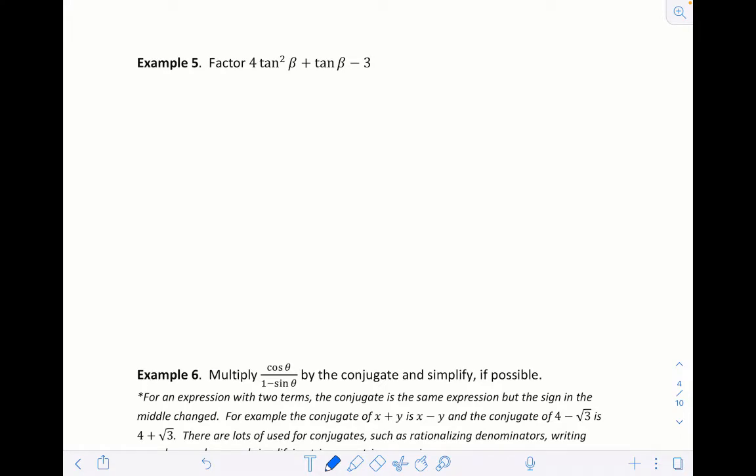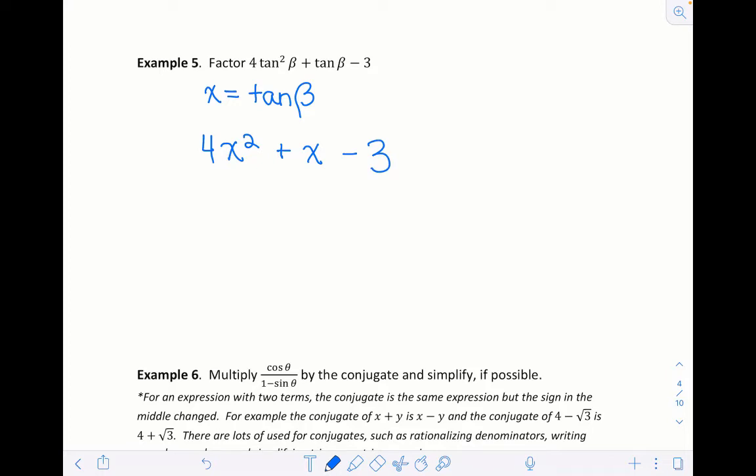So if you're not quite sure how to factor something like this, you could introduce this variable x, and let that be equivalent to tangent of beta. Then we can rewrite our problem as 4, and then tangent beta squared becomes x squared, plus tangent of beta will just be an x, and then minus 3. Then you can go ahead and factor this as you might normally factor this.